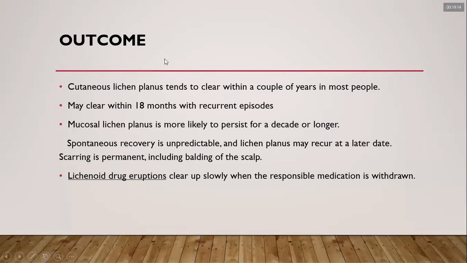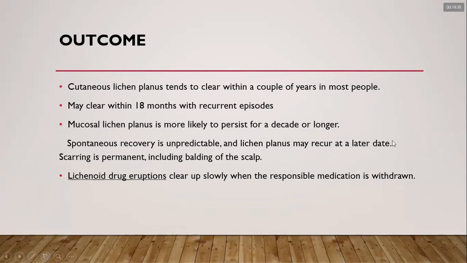What is the outcome of lichen planus? Cutaneous lichen planus generally tends to clear within a couple of years in most people. It may clear within 18 months, with frequent recurrent episodes in between. Mucosal lichen planus is more likely to persist for a decade or longer, and spontaneous recovery is unpredictable, and the same should be explained to the patient.